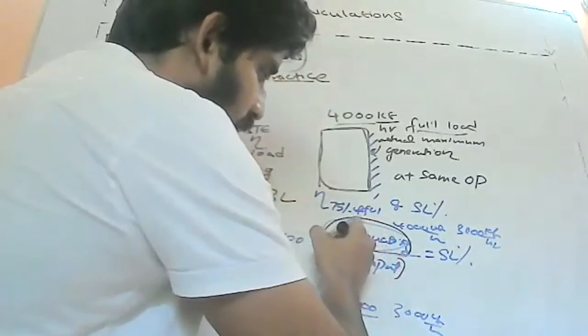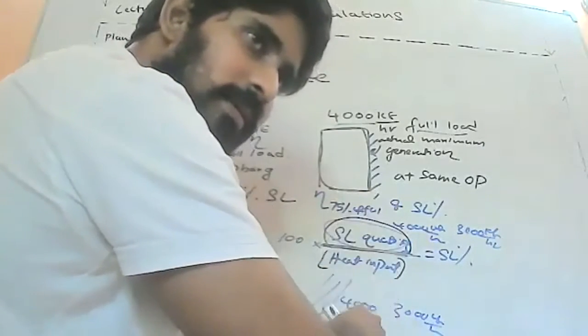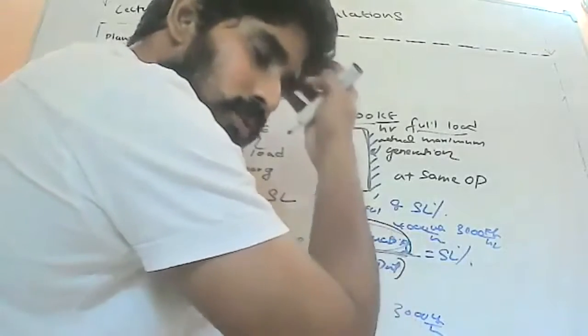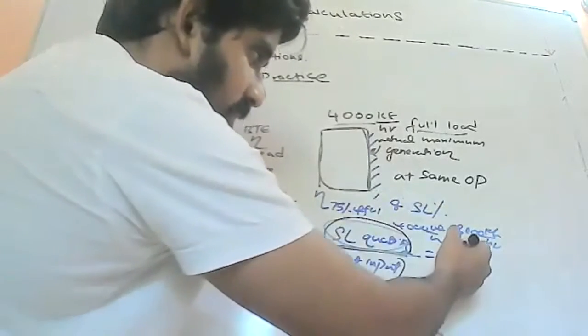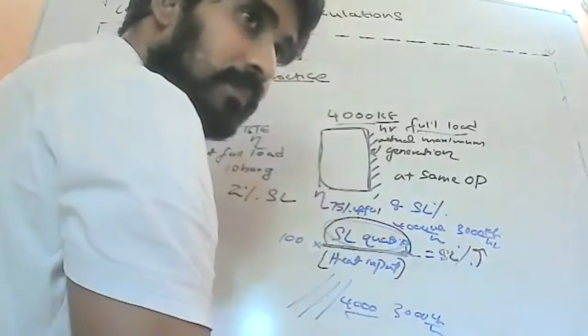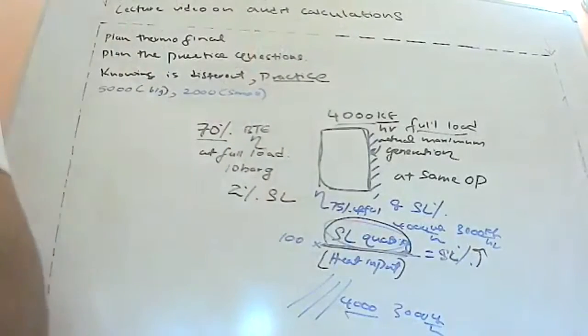So the numerator is the same, but the denominator is going lower and lower. So what will be the final result? That means this increases, right? If it is not clear, I will write it.